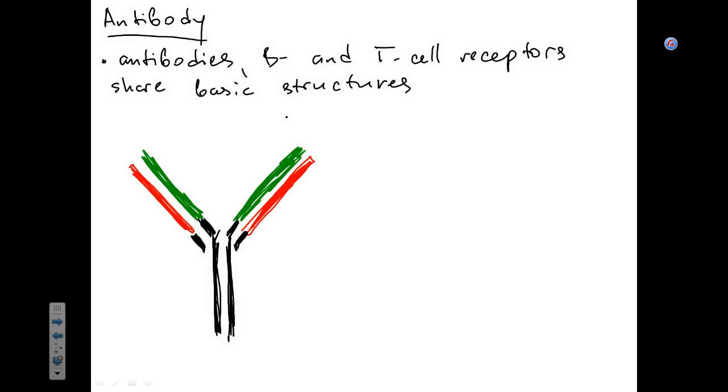So how many chains can you see here? 4, right? You see 4 chains. This is light chain. This is heavy chain. This is heavy chain. And this is light chain. Okay? Light and heavy chains.